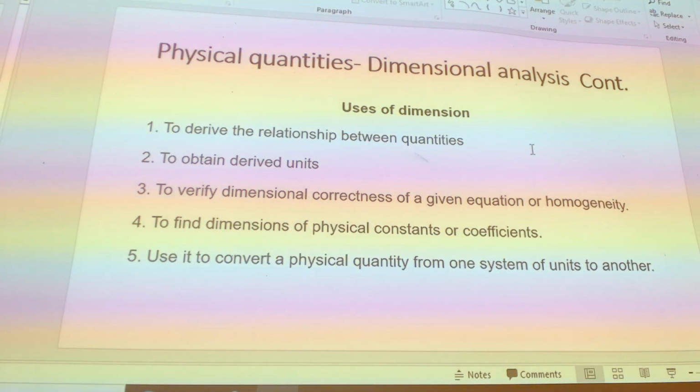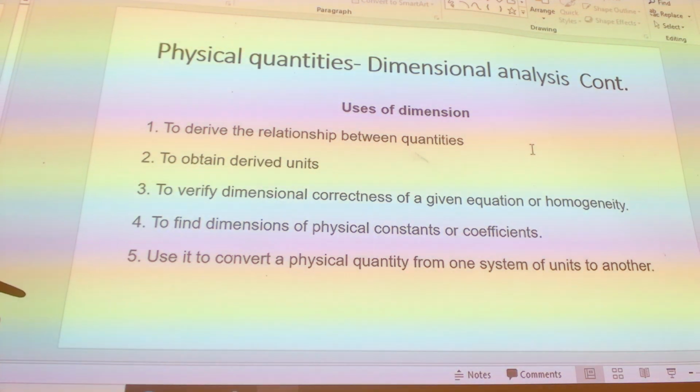The other use of dimension is that it helps us to derive units. How can we derive units? Let's use the same example. Speed is defined as distance over time. Since distance is related to length, height, breadth, width, or displacement, they're all the same, so their dimension is L. And for the denominator, time, it is T. So speed equals distance over time, which is L over T. We can move the T up, which becomes LT raised to power minus 1.